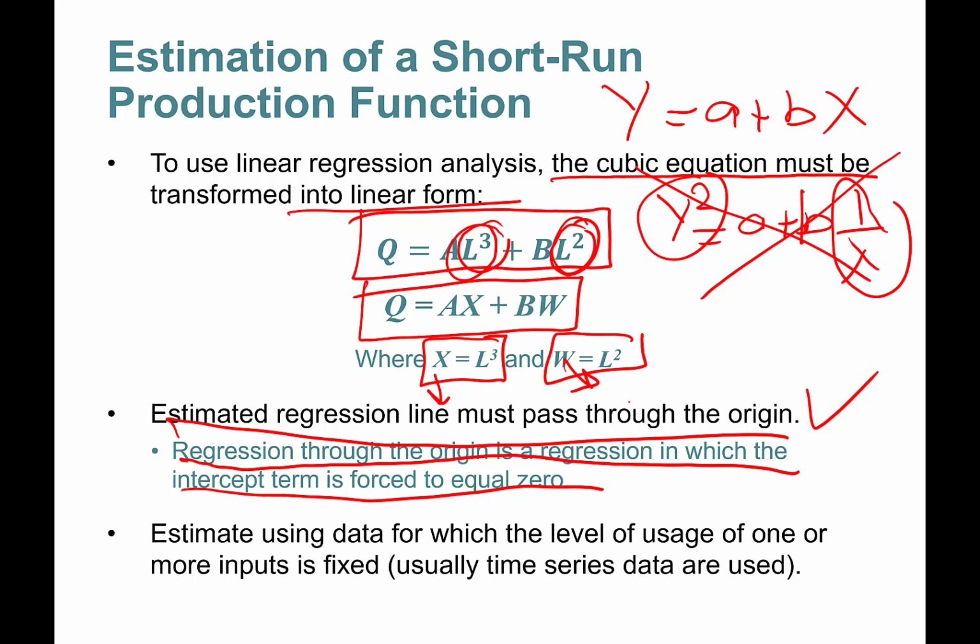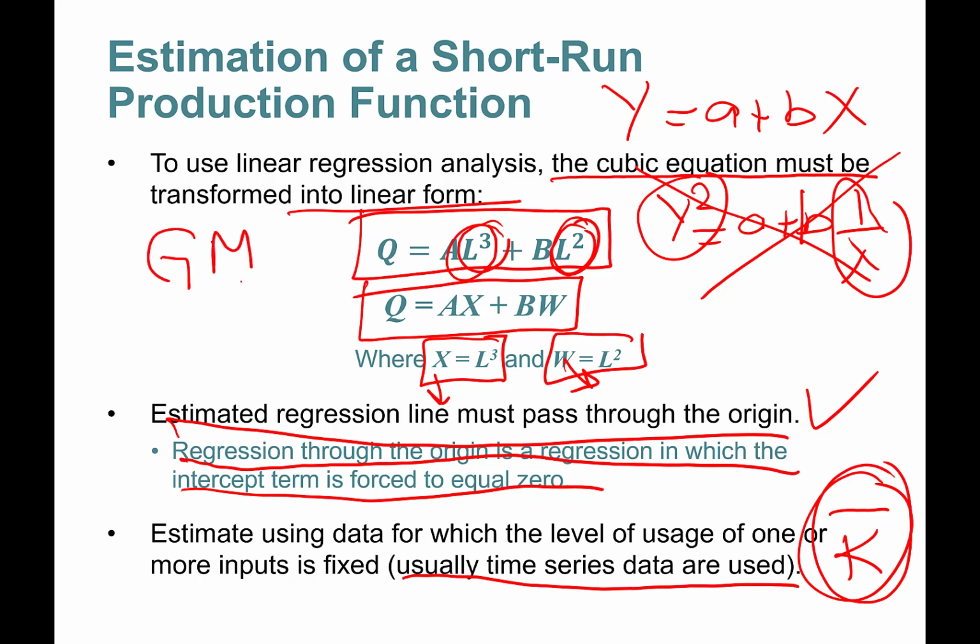We are going to estimate this using data for which the level of usage of one or more inputs is fixed. So capital is fixed, right? And time series data is usually appropriate. However, it needs to be a short enough period so that capital is not changing. What does that mean? Let's say I am the CEO of General Motors.